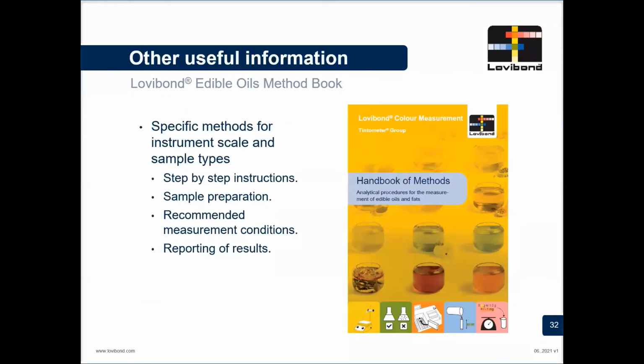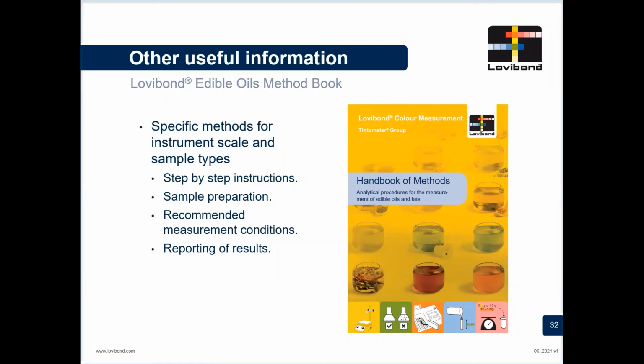Other things to help us, mentioned in the previous webinar, we have the Lovibond Edible Oils method book. This has step-by-step instructions of how we do everything. It summarizes what's in all of those international standards, which are written in standard language, but it's not always easy to understand.